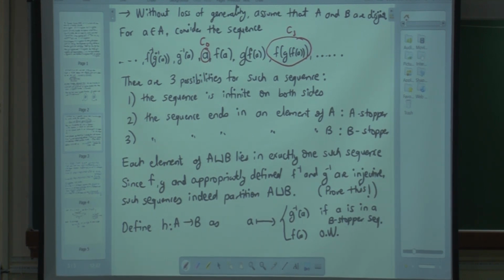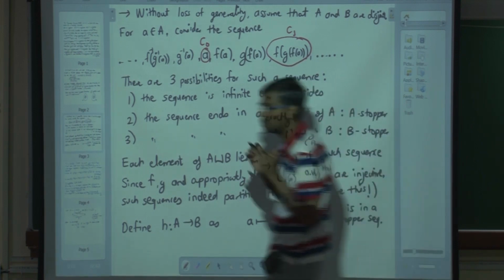It can either be F of A or G inverse of A. Maybe I made a different choice in this example. If you actually follow the proof, maybe you will get a slightly different function, but it's not going to matter. That will still be a bijection. 0 will always map to 0. But this is a very powerful tool.